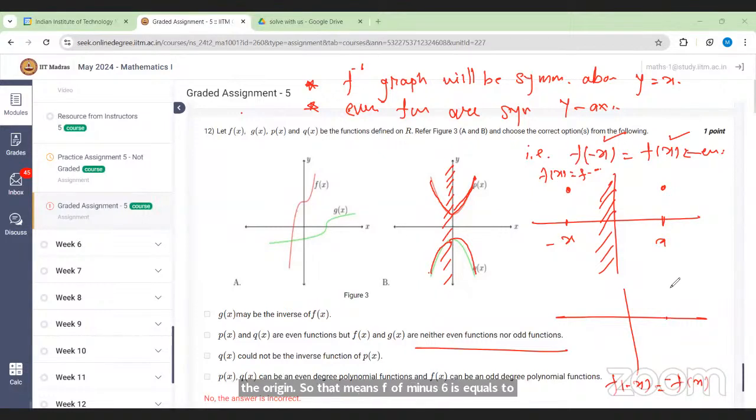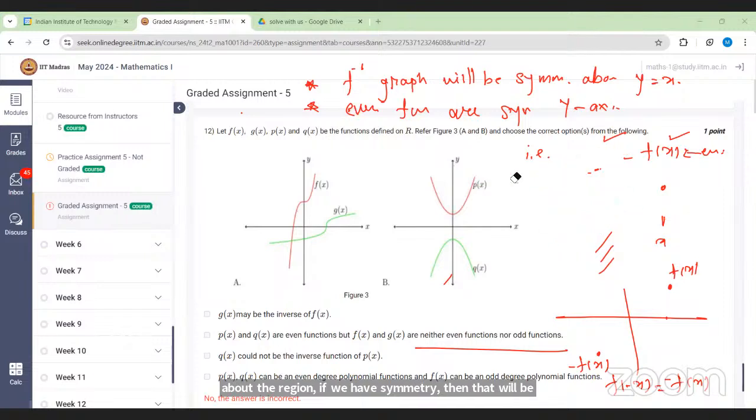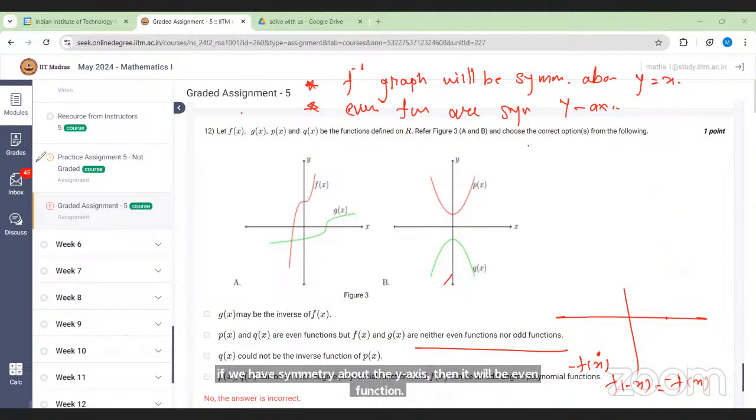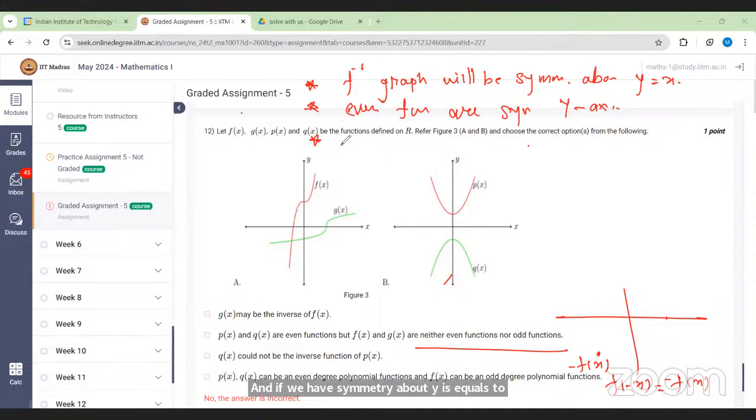Whatever value the function takes here, suppose this is f of x, then this should be minus of f of x. So if we have symmetry about the origin, that will be an odd function. So three things are here. If we have symmetry about the y-axis, it is an even function. If we have symmetry about the origin, we have an odd function. And if we have symmetry about y equals x, then they will be inverses of each other.